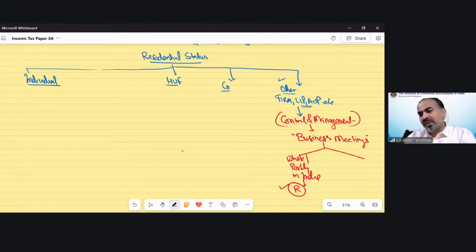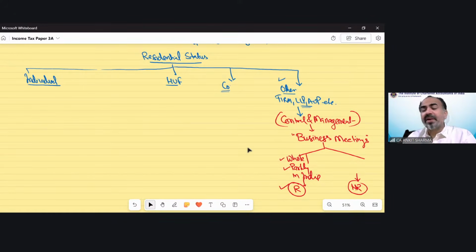So tell me one thing, if the residential status will be resident if whole or partly in India, when will this organization be called non-resident? You can find it out yourself now. When will this organization be called non-resident in India, students? Yes, Lakshmi, correct.